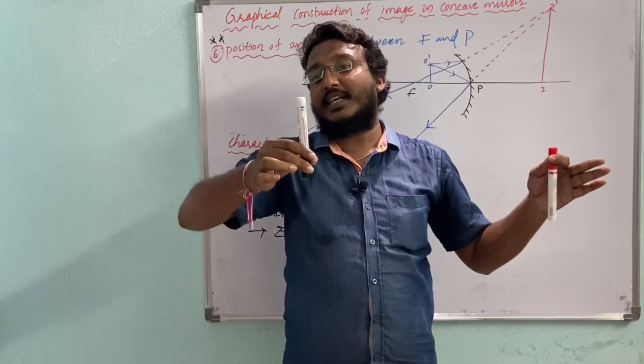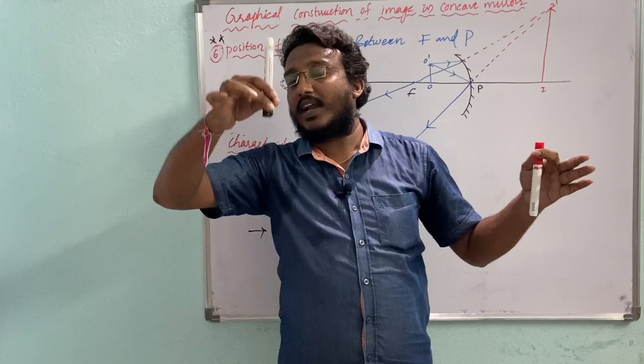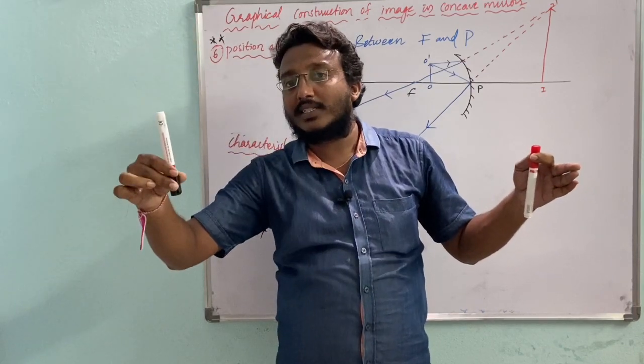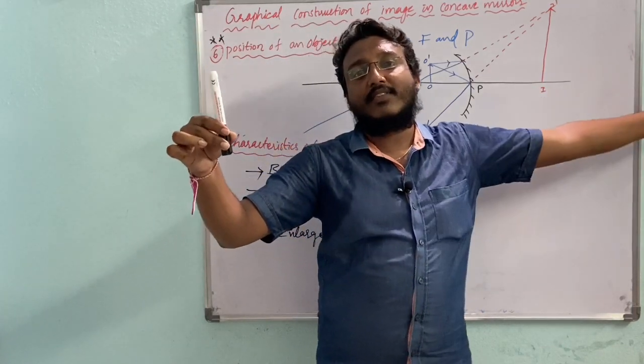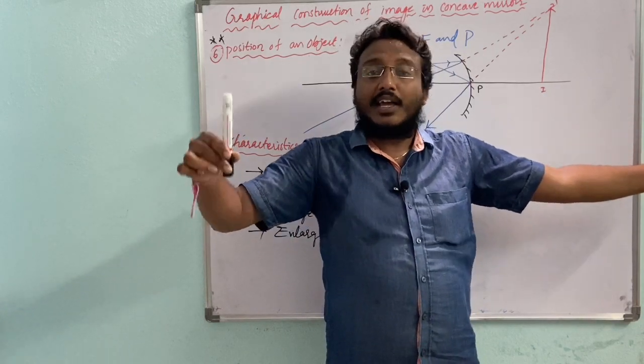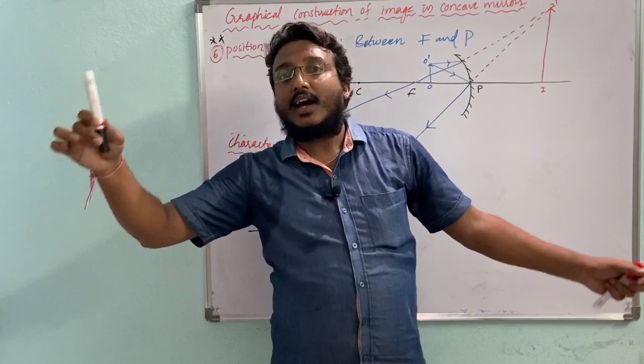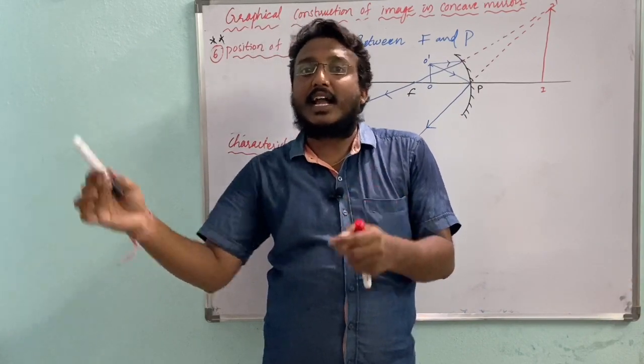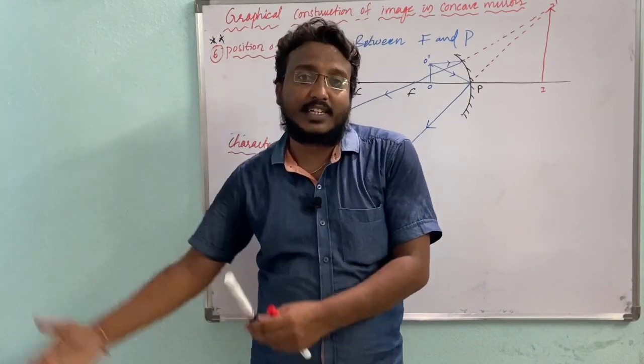When the object is on the focus, the image is formed at infinity. If the object is between pole and focus, the image is formed behind the mirror.